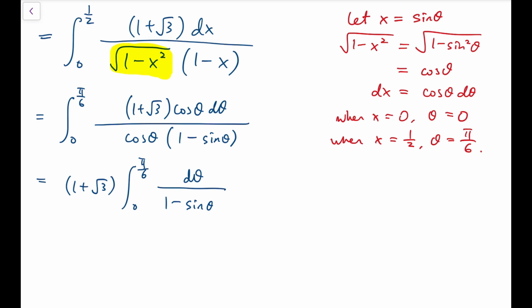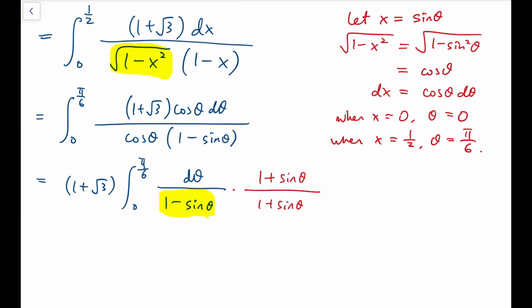Now at this point, I'm going to multiply both the numerator and the denominator by 1 plus sine theta. The reason is that it's not convenient for us to have addition or subtraction at the denominator because it makes it harder for us to split the fractions.